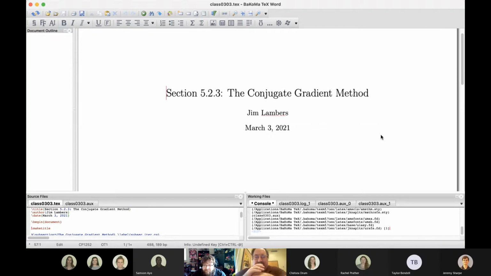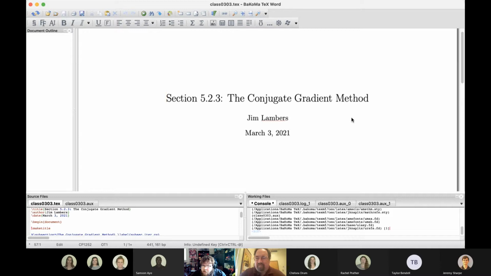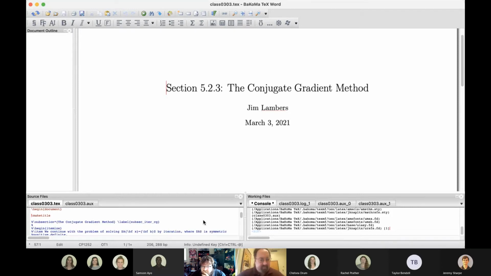This method was developed in 1952. So in 2002, they held a conference in honor of the method's 50th birthday and also my advisor Gene Golub's 70th birthday. I'm not aware of other methods that have been celebrated in that manner, but I'm sure it's happened.